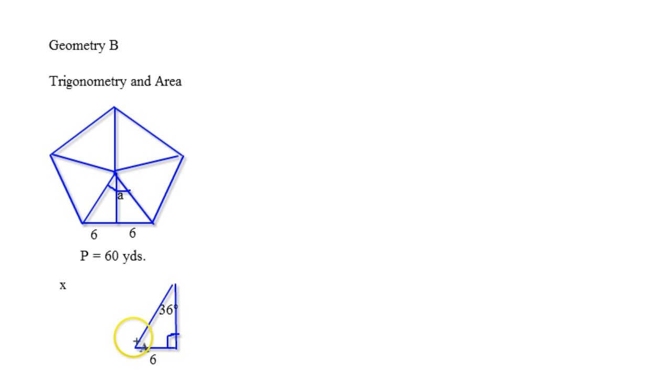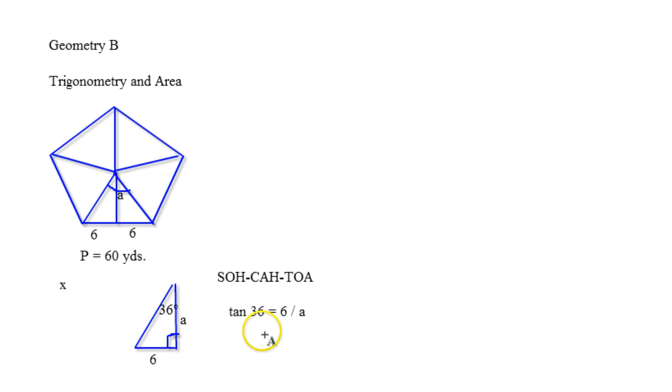Okay, so if I start using trig to find the apothem, I know the apothem is going to be right here. I'm going to use tangent because of SOH CAH TOA. I have the opposite side down here at 6 and the adjacent side, which is a. So I'm going to set it up as tangent of 36 is equal to 6 divided by a.